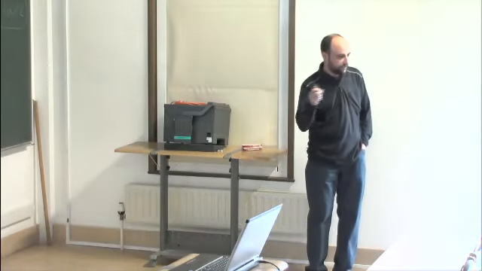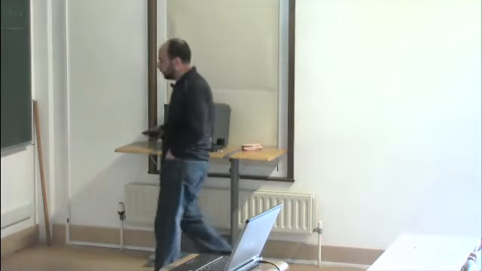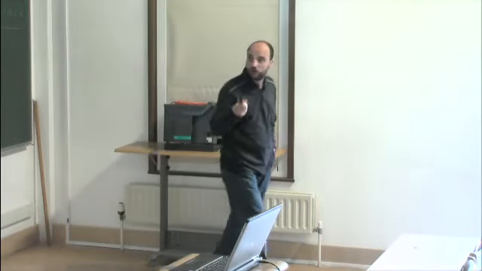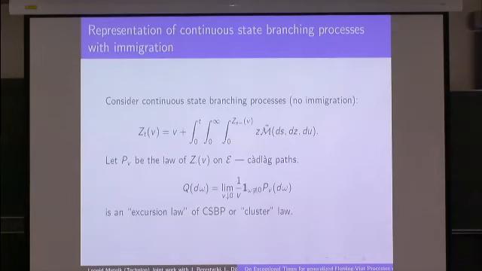We need another piece of information which gives a representation of the continuous state branching process, kind of a cluster representation. Suppose I have a continuous state branching process. So again, it's the same stuff we had before without immigration.